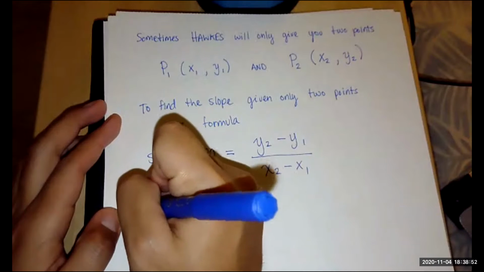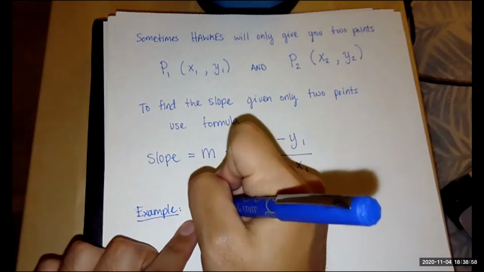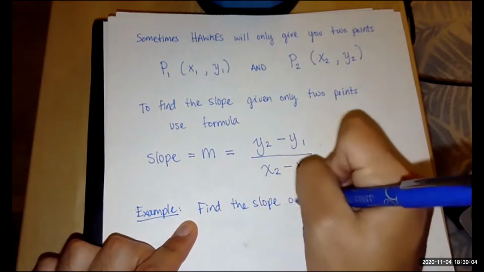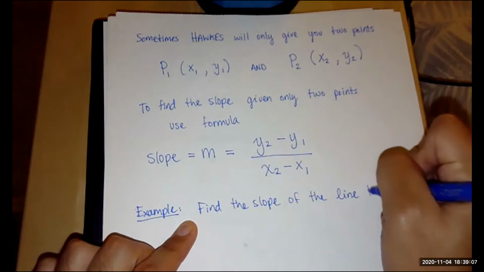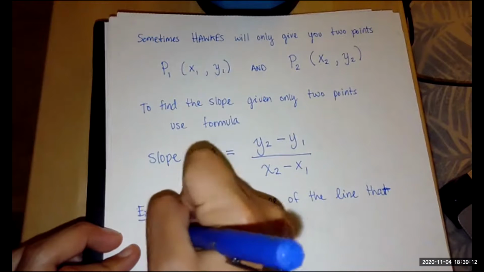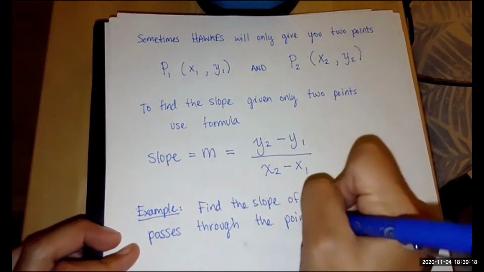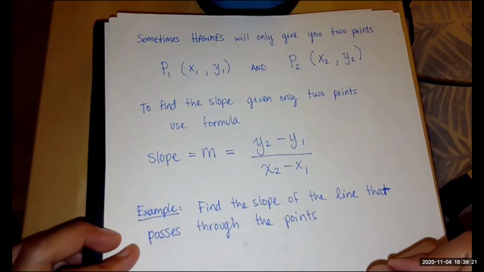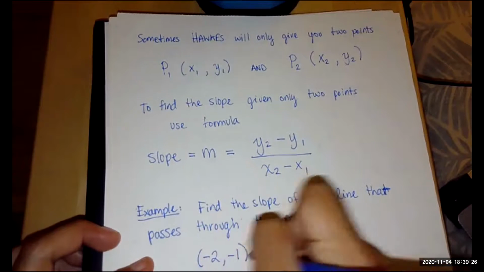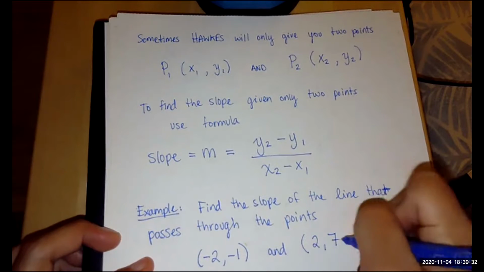So they might say, find the slope of the line that passes through the points -2, -1, and 2, 7.